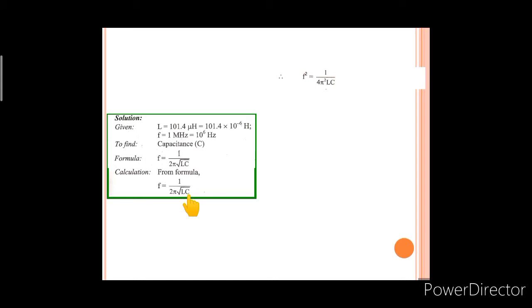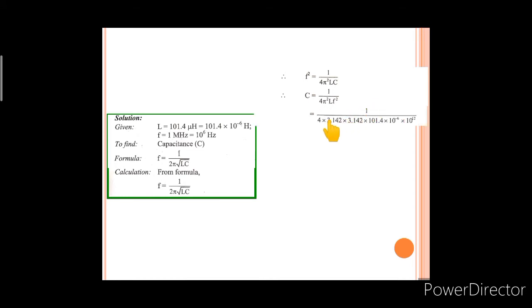So to calculate the value of C, first of all we take the squaring on both the sides. So it is like F square is equal to 1 upon 4 pi square into LC. And hence we can write the value for C as 1 upon 4 pi square L into F square.